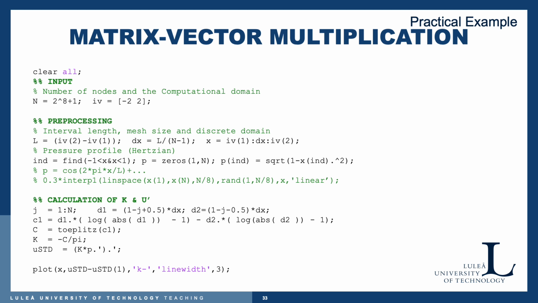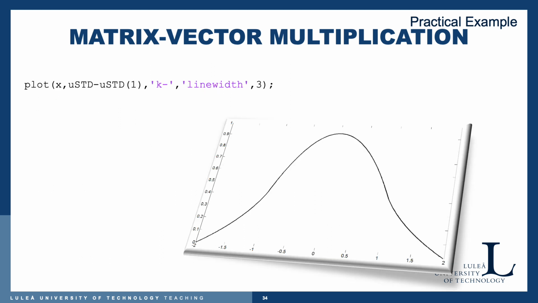We've seen this before. It's just the MATLAB code to construct and compute the deformation via matrix vector multiplication. And if you do, we have seen this plot before, you get the deformation like this. If you just subtract the first value of it, so it starts at 0, that's just for comparative purposes.